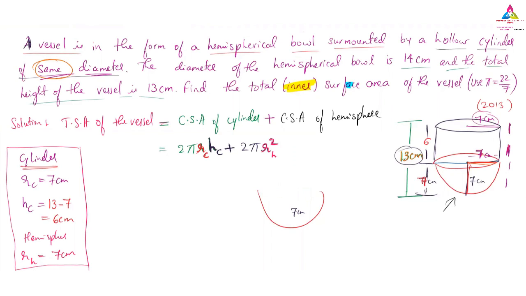There is a very good question now. They have not mentioned anywhere that the hemispherical bowl is hollow, but we have taken it as hollow. Why have we taken the hemispherical bowl as hollow? See here they have given the question as a vessel in the form of a hemispherical bowl. See the word bowl.